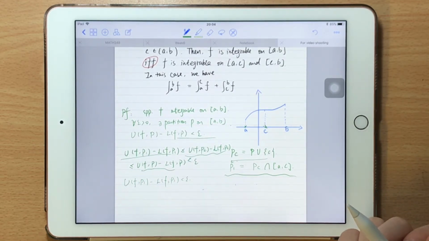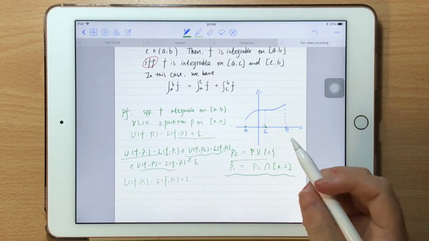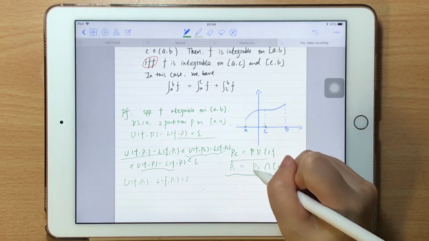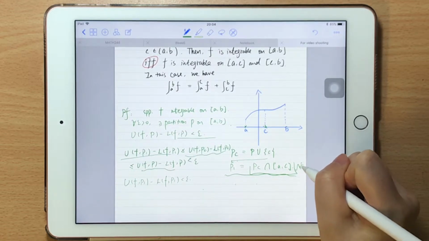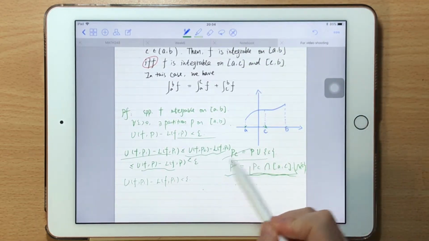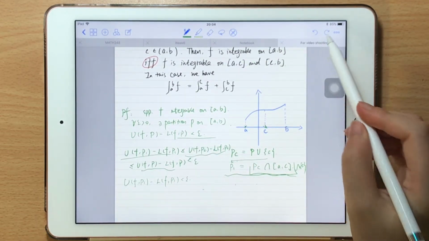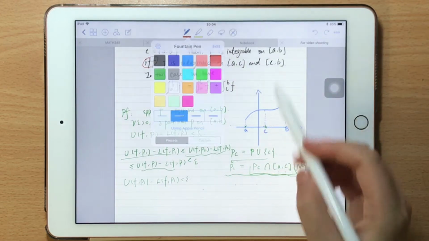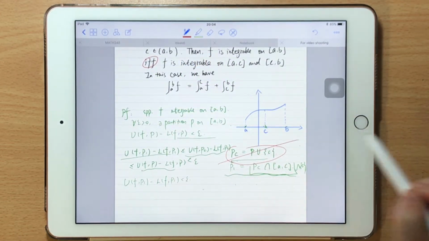The reason we don't choose P1 to be this part union the single point c is that if you choose it this way, we don't have the partition P_c.